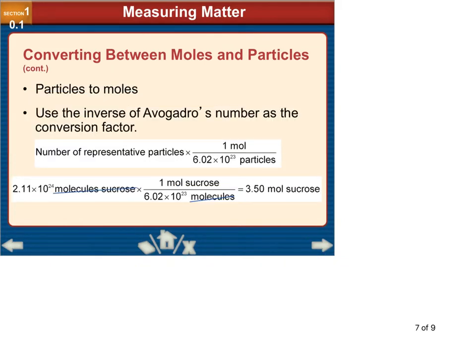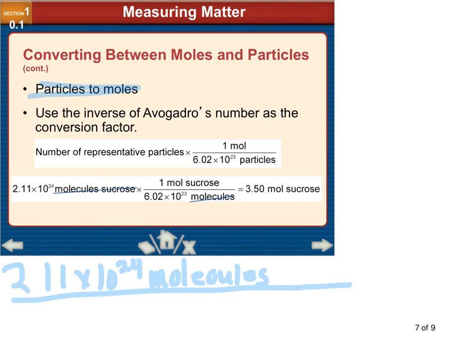We could also go from particles to moles. If we have 2.11 times 10 to the 24th molecules, we would know that there's 6.022 times 10 to the 23rd molecules in 1 mole.